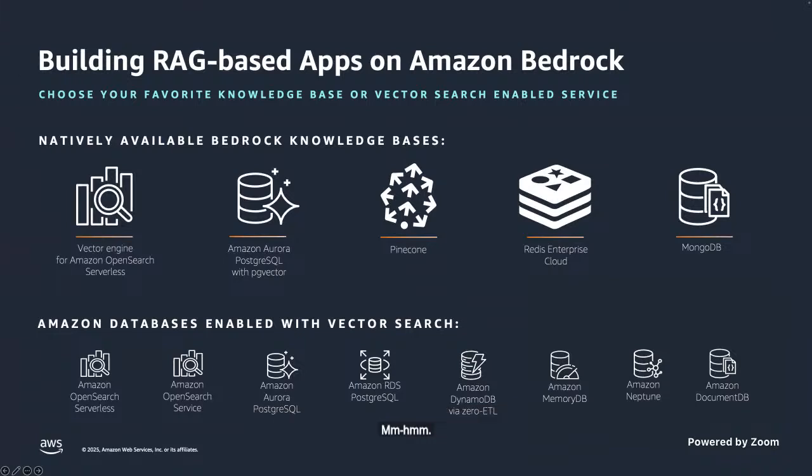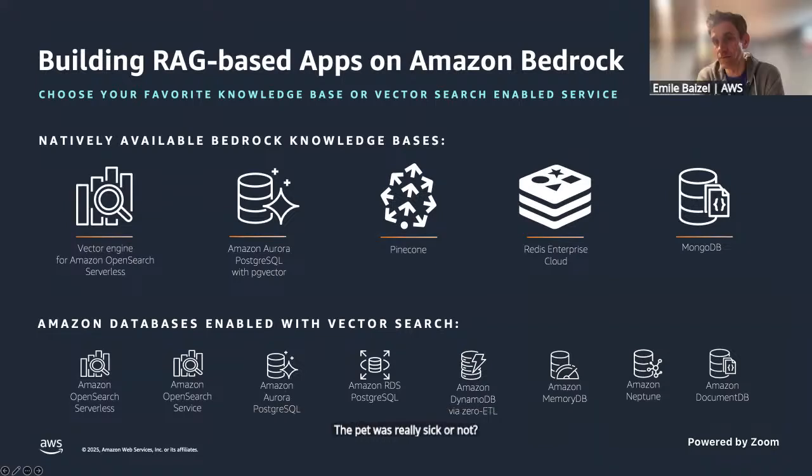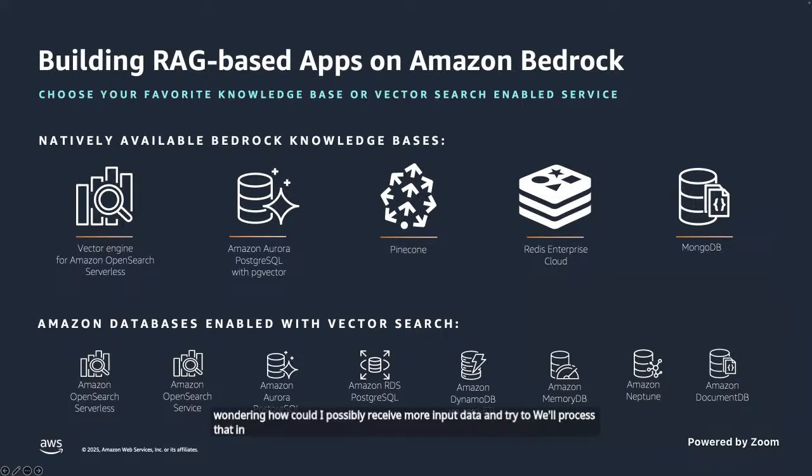So in my case, I see as my possible knowledge base a couple of prompts or questions regarding how the pet was before you actually noticed this situation. Was the pet really sick or not, things like that. So I was wondering, how could I receive more input data and process that in the knowledge base in order to extend it?